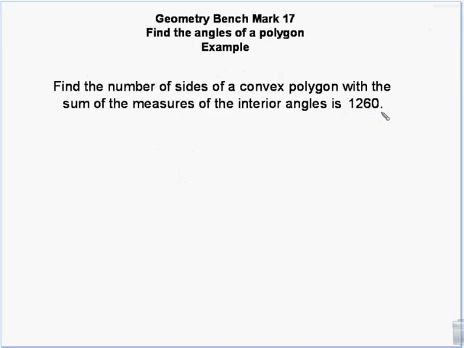I have the sum of the angles. I'm going to try to find the number of sides. Okay, so it's the same formula. The sum is equal to 180 times n minus 2, right? Well, I have the sum. Divide both sides by 180.